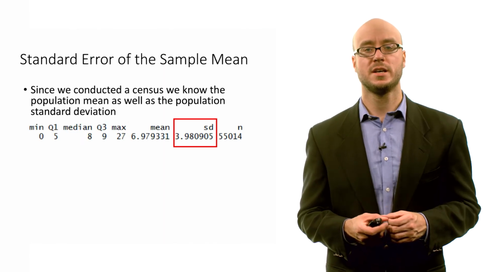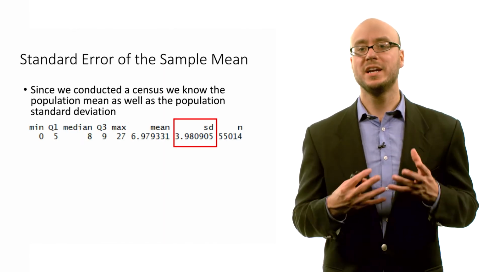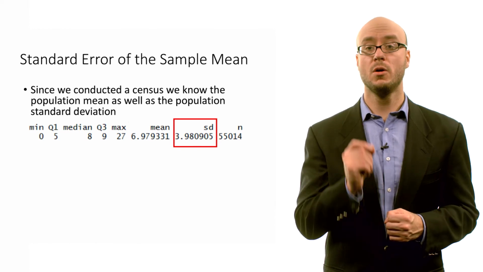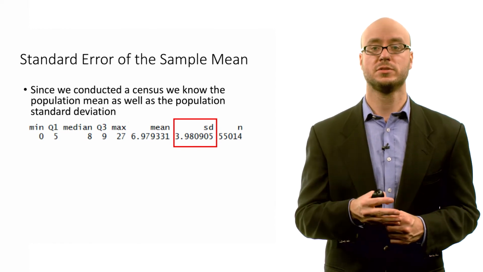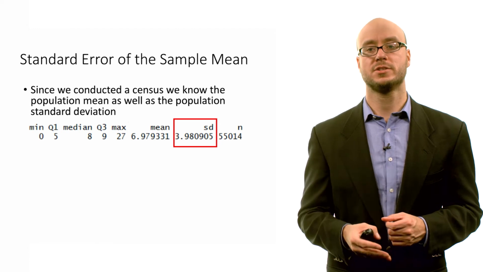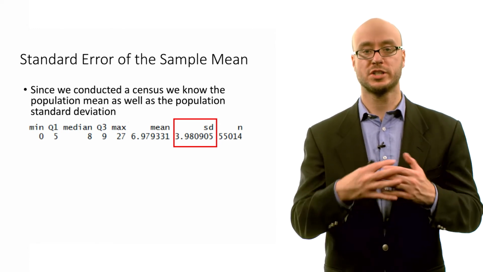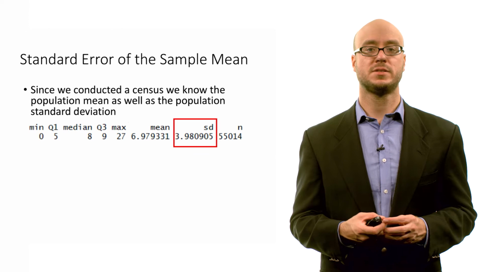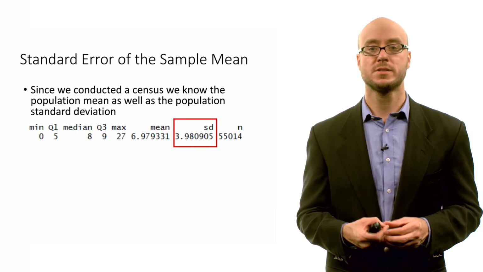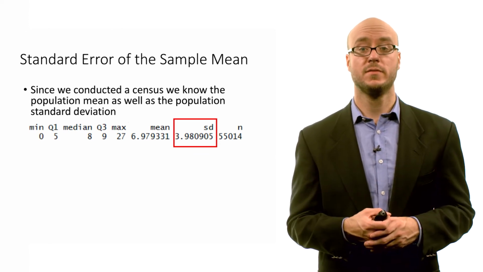So let's look at this in just a little bit. Since we conducted a census, we in fact know the population mean for educational attainment, but we also know the population standard deviation sigma. We can just calculate basic numerical summaries on our set of data.